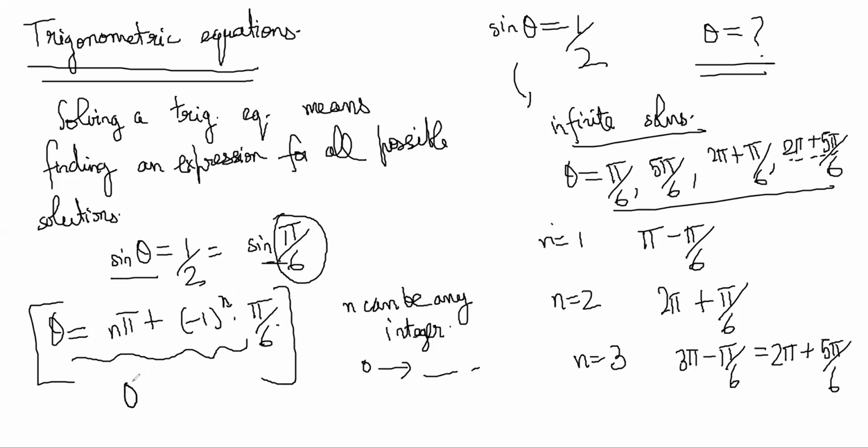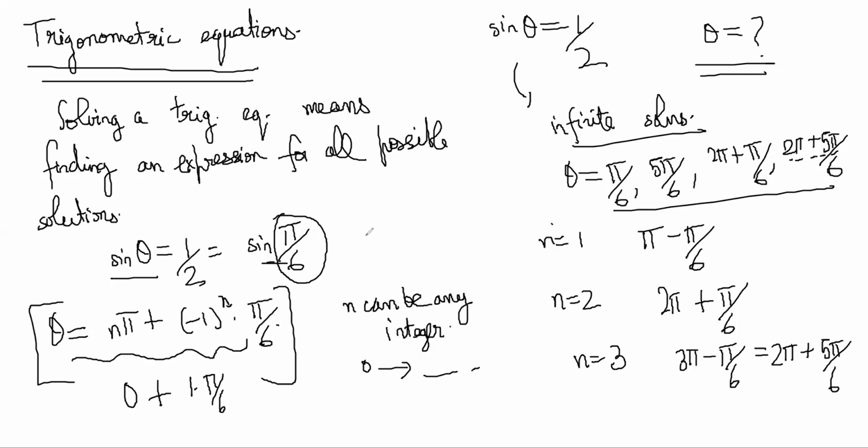It will become 0 plus 1 into pi by 6. If n is equal to 0, you get 0 plus 1, right? Because minus 1 power 0 is 1. n is equal to 1, you get which angle? Pi minus pi by 6, which is the 5 pi by 6 angle that you needed, no?